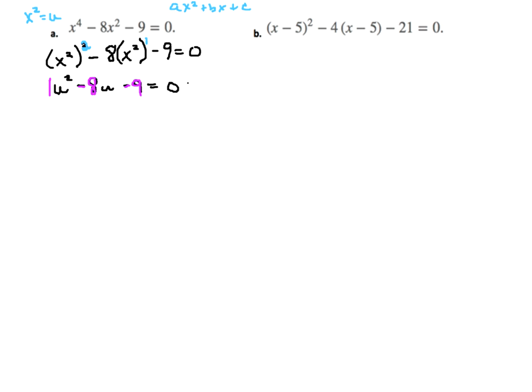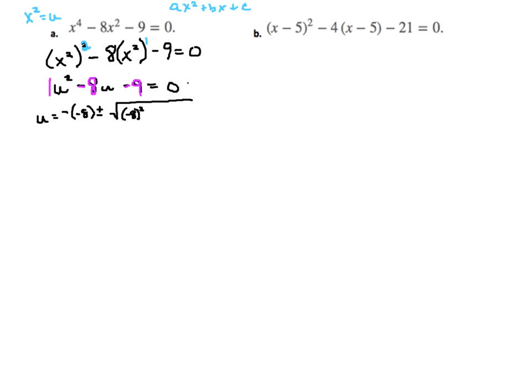So we have u equals the opposite of B plus or minus the square root of B squared.